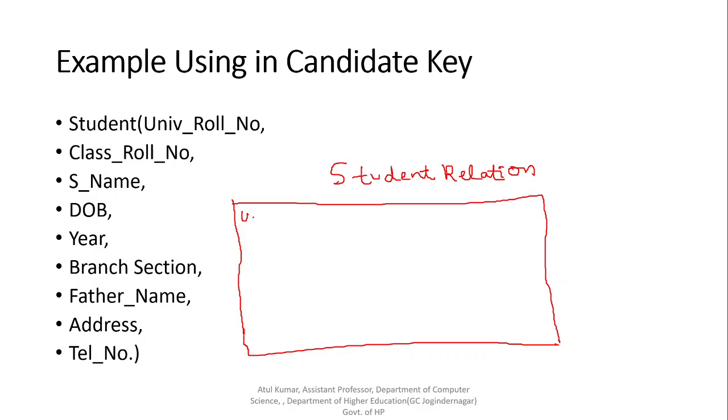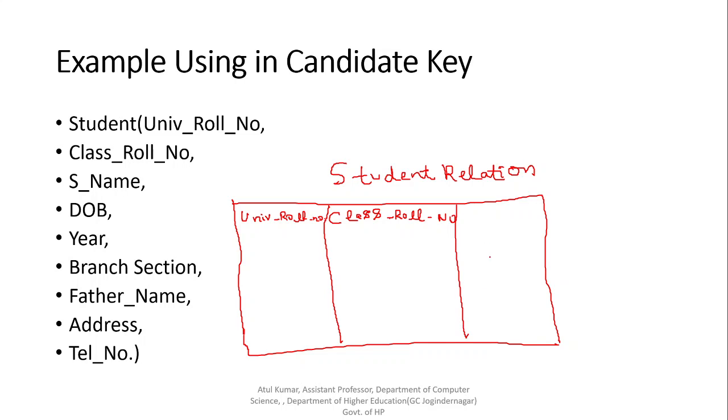The first attribute is university roll number. The second attribute is class roll number.